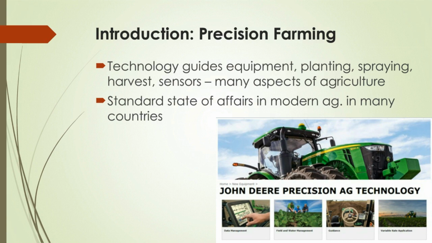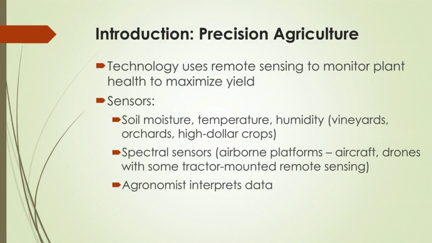Precision agriculture itself uses technology, especially remote sensing, to monitor plant health, to maximize yield, and to save money. There are a number of different sensors out there now: soil moisture sensors, temperature sensors, humidity sensors, and you see this especially in places like vineyards, orchards, and other high dollar crops.